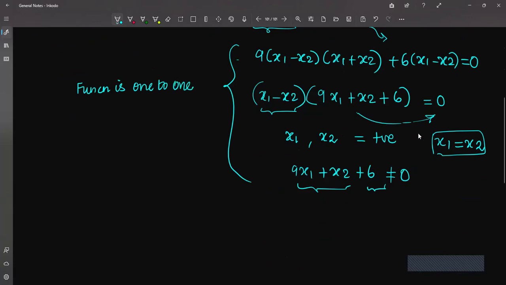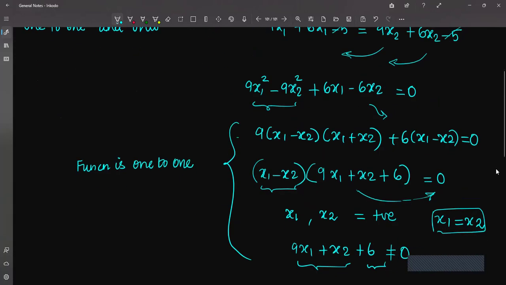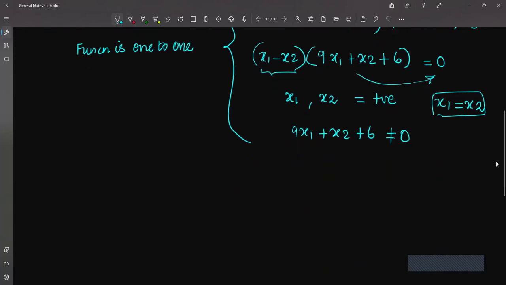So you have to be very careful as to what the domain is. If it is R, you have to be very careful. If it is R, then this possibility is very much there, which is 9x1 plus x2. I'll also make a small note here.